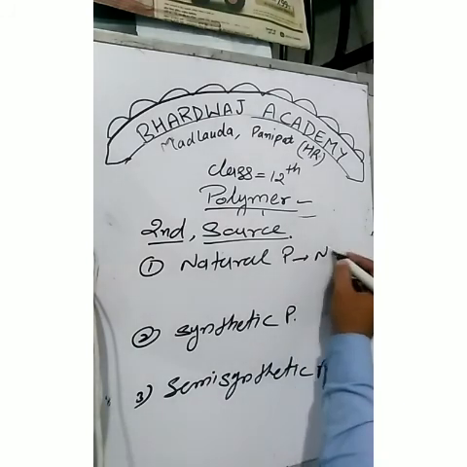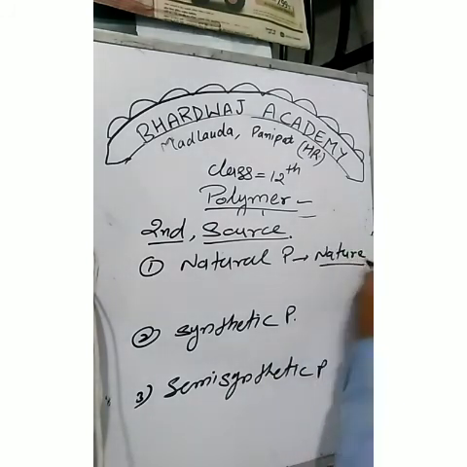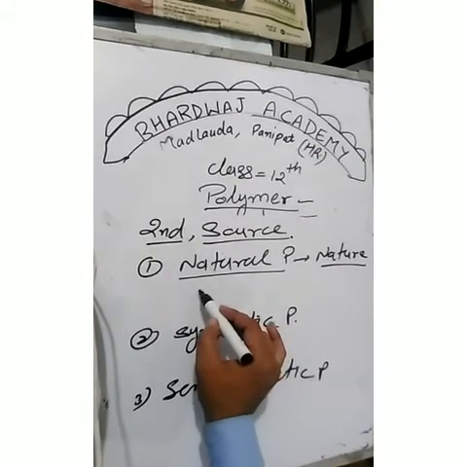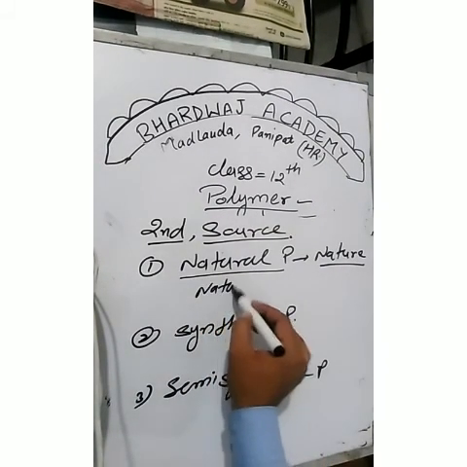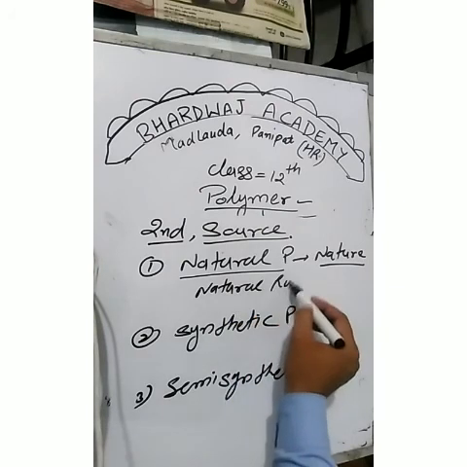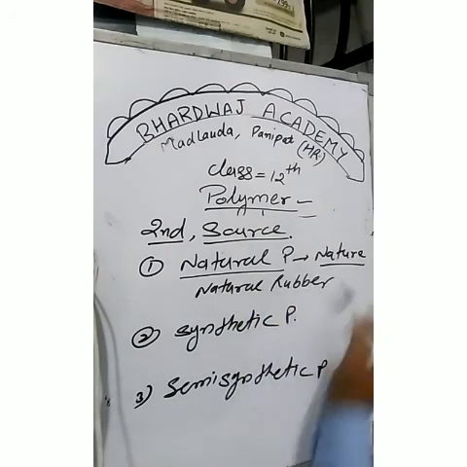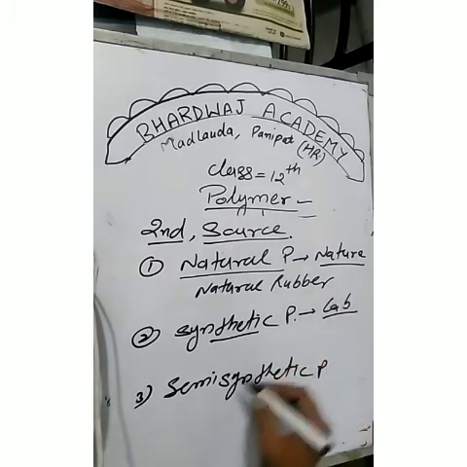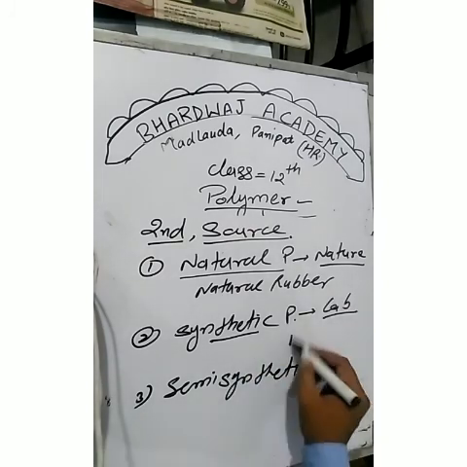Those which are obtained from nature are simply called natural polymers. Example, according to the name, natural rubber. Synthetic polymers are those which are formed by man in the lab. An example is polyethylene.